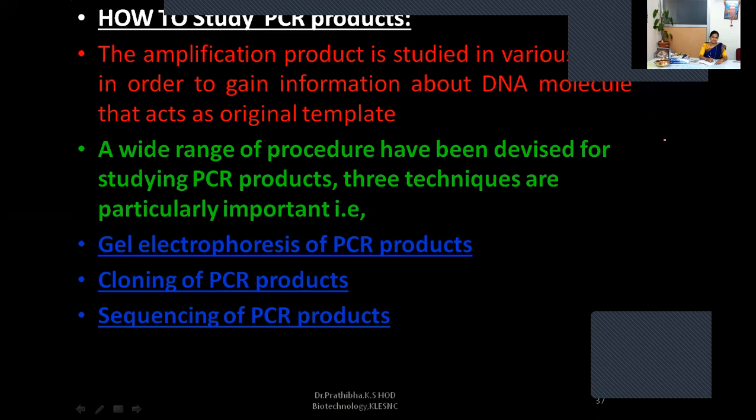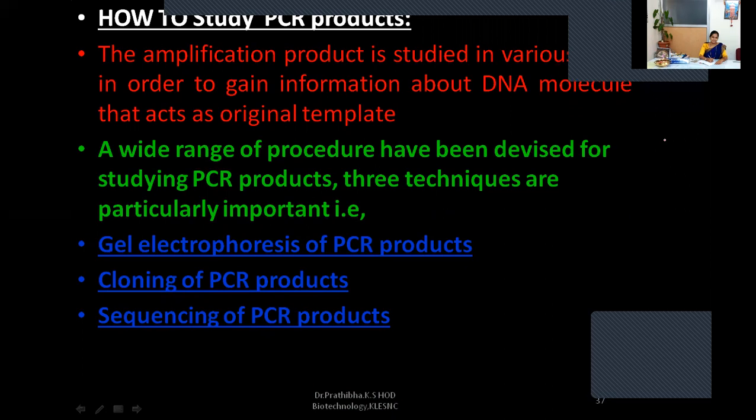What are the PCR products we obtain now? We can go through the electrophoresis process, or cloning of PCR product. Again, you can introduce these PCR products to a bacterial host system through plasmid DNA and you can check. Then sequencing of PCR products, to understand the sequence of nitrogenous bases.